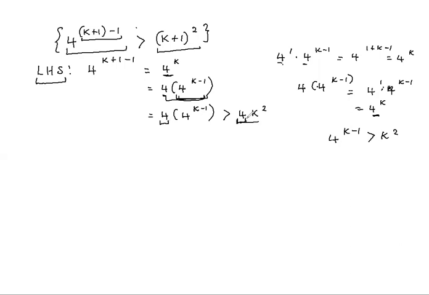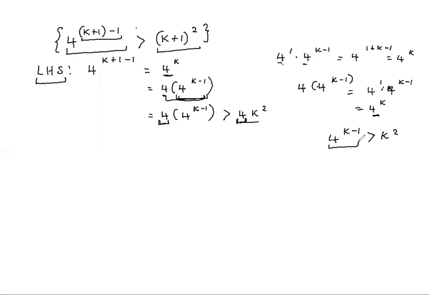So this 4 is just this one. What is greater is this part, not the 4. So the 4 is being multiplied by this part. The greater is coming because of the 4 to the power k minus 1.